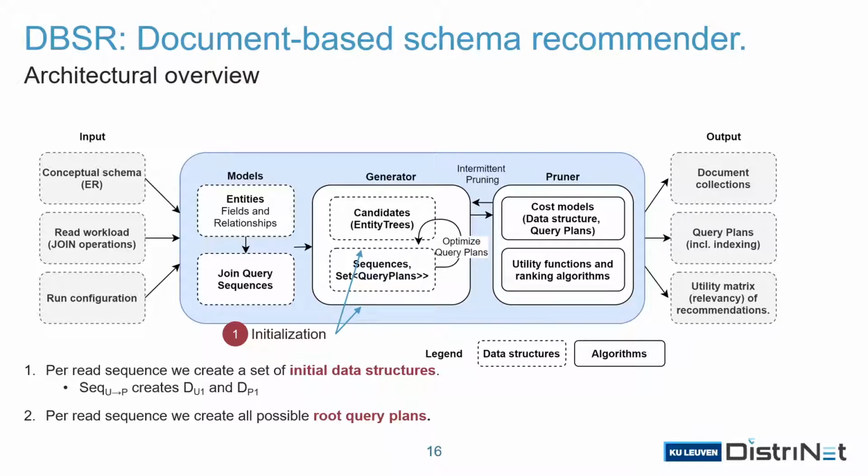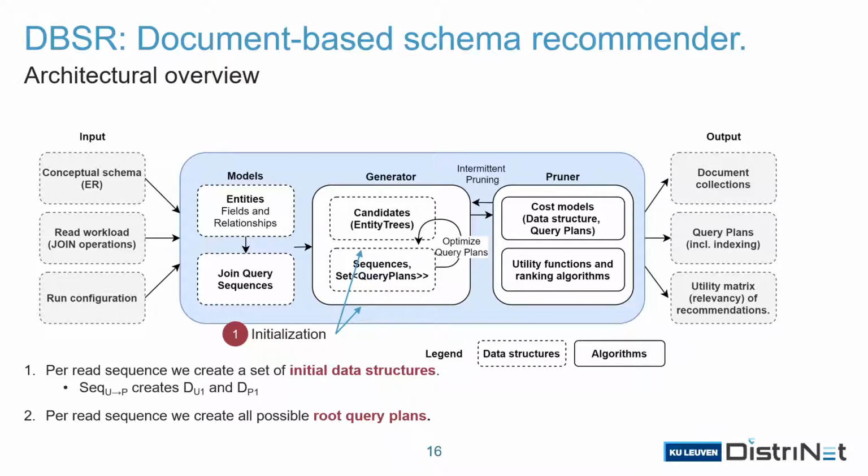So if we take an example of a join query which merges together users with products, this would then yield the initial data document structures, one for users and one for products.